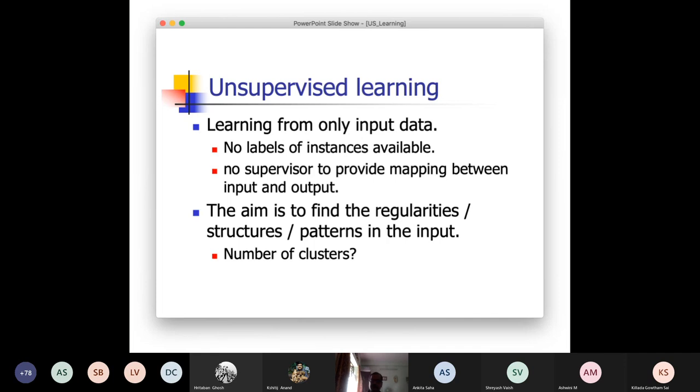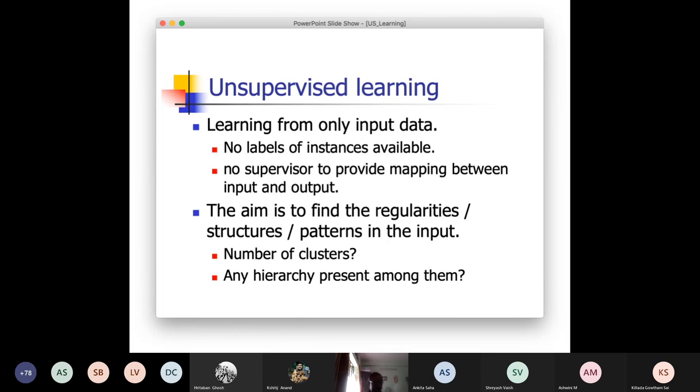That may come from some other knowledge, from the domain itself. You know already that there exist so many groups, and given the data, you are just trying to associate different samples within those groups. So these groups are called clusters in the jargon of unsupervised learning.